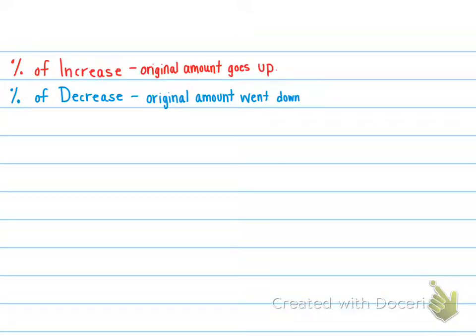There is a proportion we're going to use for this. That's what's so nice about these percent problems. The proportion has the exact same thing on the left side. You take the percent over 100. On the right side of the proportion, you have on the top your amount of change.